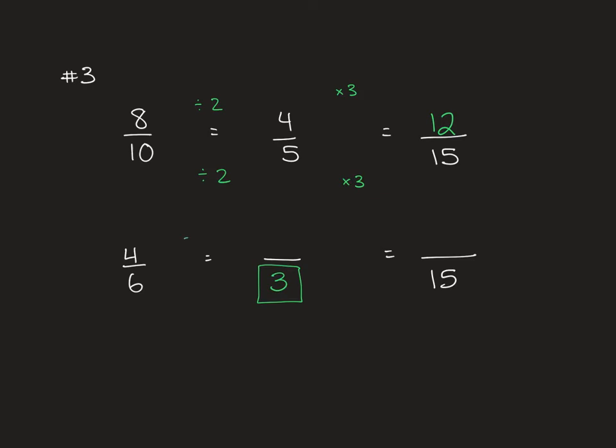So we started by dividing by 2. So that means our middle fraction will be 2 out of 3. And then what do we need to do to get to our last fraction? We're going to multiply by 5, and so that is going to give us 10 out of 15. So it might be tricky figuring out that middle denominator, but just think of what can I get from here to then get smaller and then get bigger.